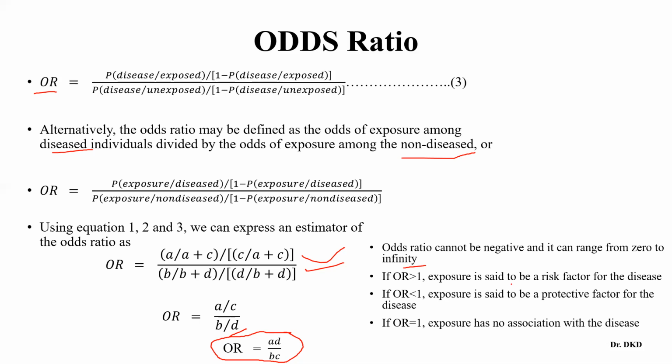We need to understand what the odds are, how we define the odds, what the ratio is, then what the odds ratio is, how we get it mathematically, and what the interpretation of the odds ratio is. These are the important points we need to understand about the odds ratio.